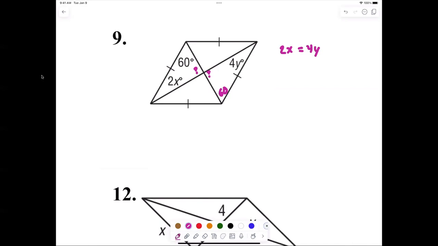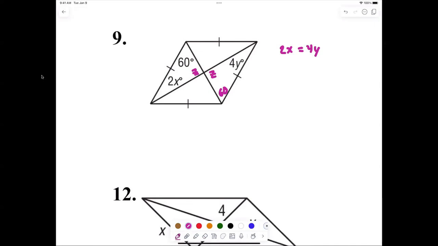Oh, here's what, all right, I think I might have figured it out. So look here, if I didn't know that, can we agree that this is unknown? So I'm just going to call it Z, and then we know that's Z because they're vertical angles, correct?